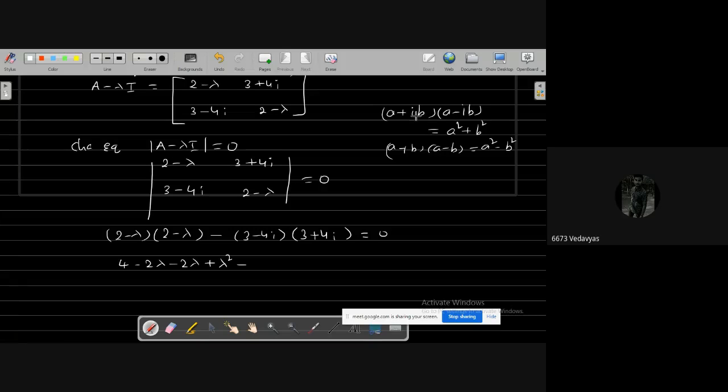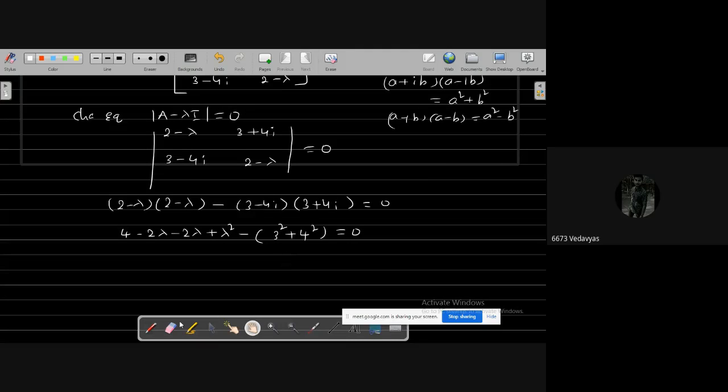But when complex numbers are there, (a plus ib)(a minus ib) has the value a square plus b square. So minus (3 square plus 4 square) is equal to 0.